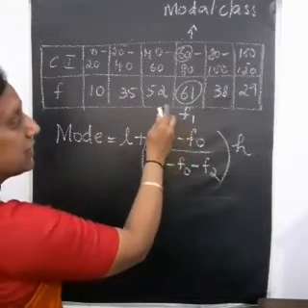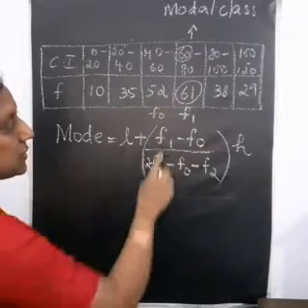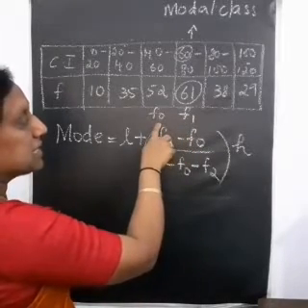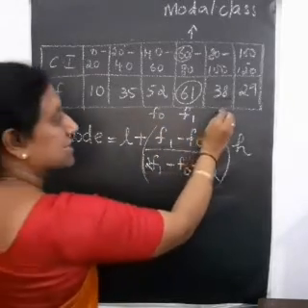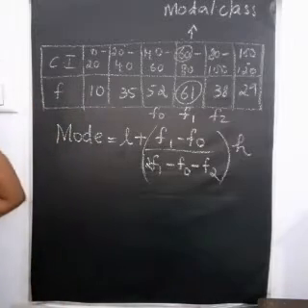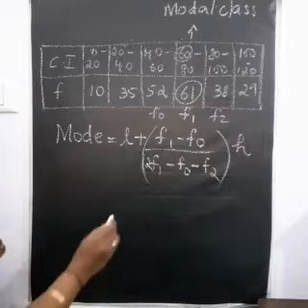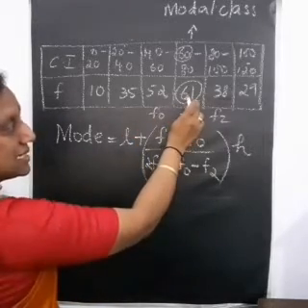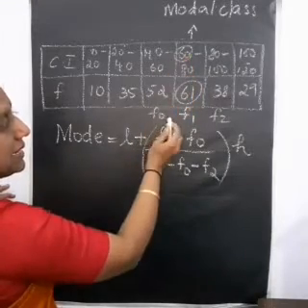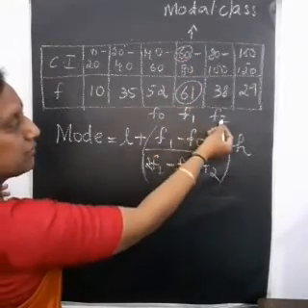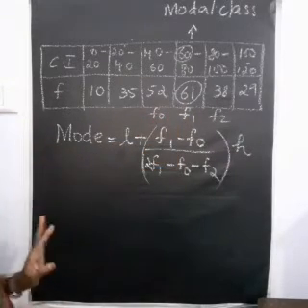F2 will be the frequency of the class succeeding the modal class. So select this 61, which is the highest frequency, to get the lower limit. Then write F0, F1, F2 starting from the one before 61. So we have got all the terms.